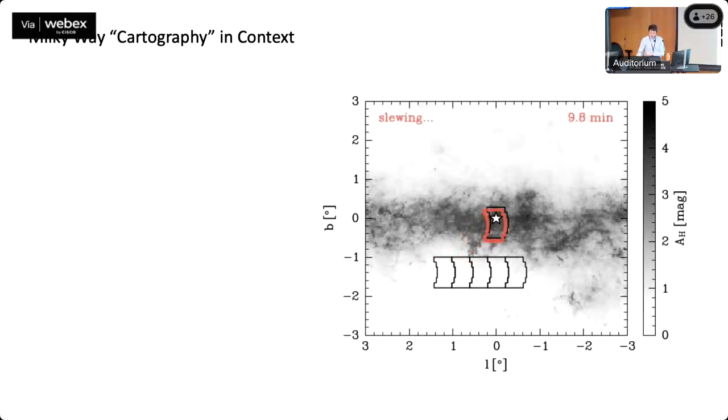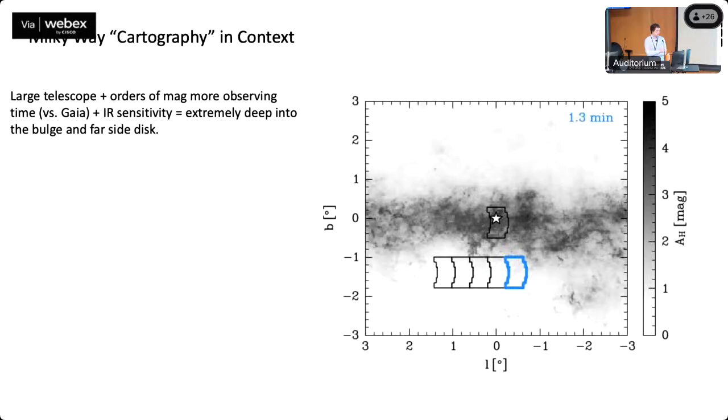And so when you combine a large telescope like Roman with orders of magnitude more observing time compared to something like Gaia. So we know Gaia has done very well for mapping Milky Way cartography in our galaxy. We also know Gaia struggles quite significantly in highly crowded regions like the disk or the galactic bulge with millions and millions of stars, very crowded.